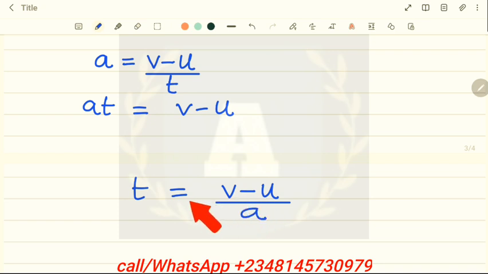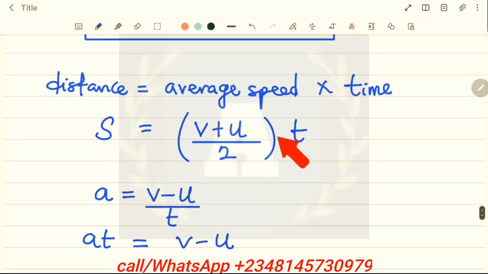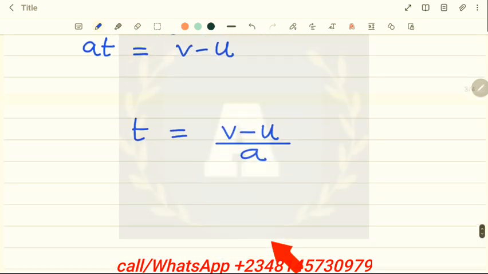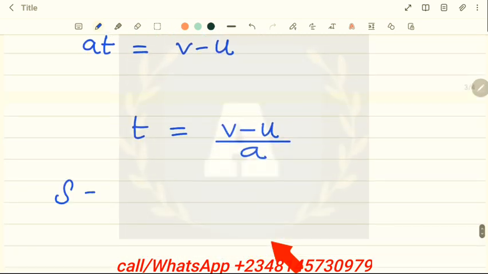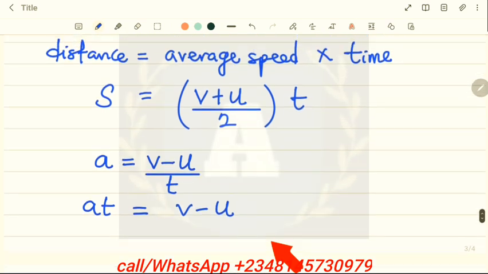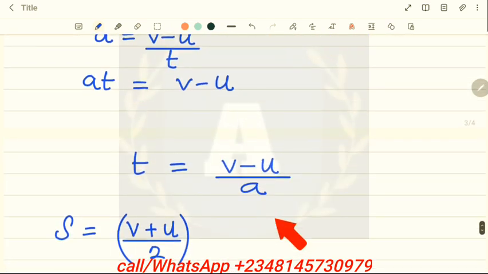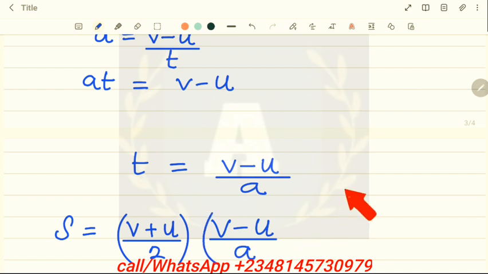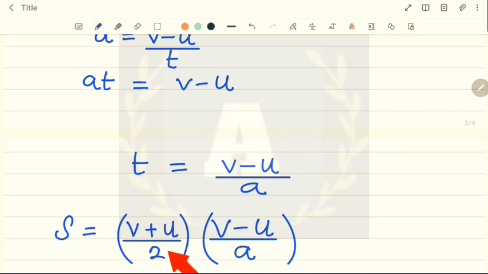We can substitute this T in this prominent equation, such that S, which is equal to the average speed, (V plus U) all over 2, multiplied by T. So instead of writing T, we substitute it with this, which is (V minus U) all over A. Okay, so we multiply this with this.